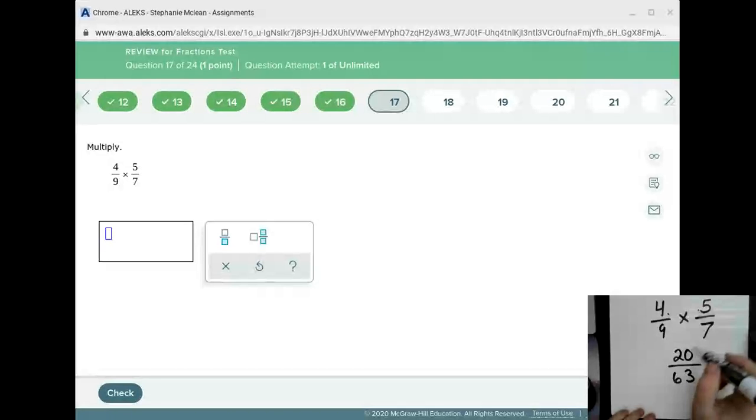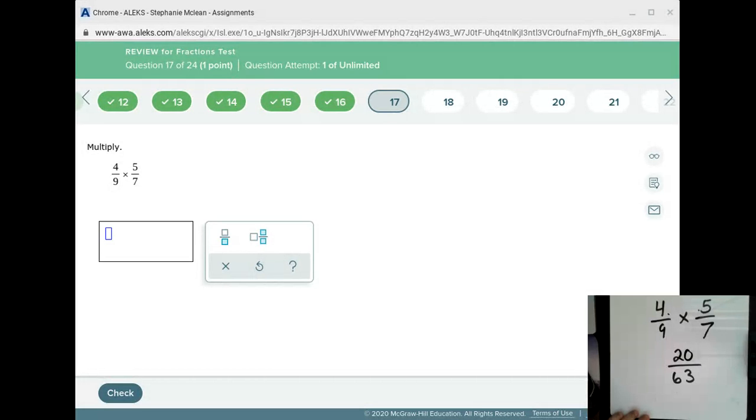Okay, we have to reduce if we can. So 20 and 63, we have to see if they're divisible by anything. 20 is an even number. I think it's going to be easy to figure out what goes into 20, but 63 could be a little bit more complicated. So 63 divided by 3 gives me 21, but 3 won't go into 20. 63 divided by 2, it doesn't work.